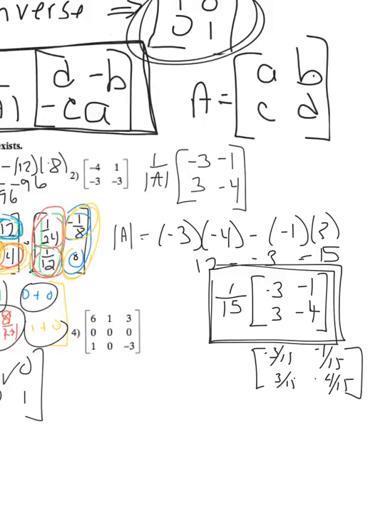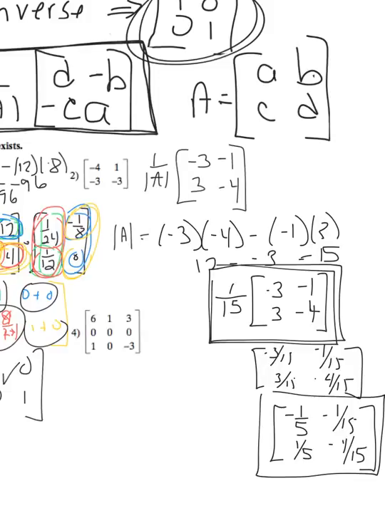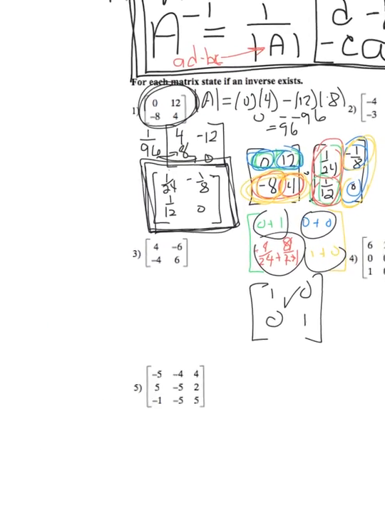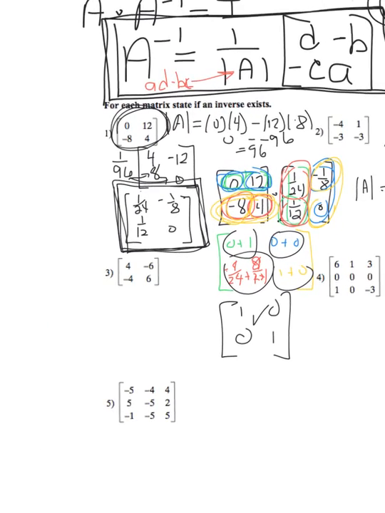And then by reducing the fractions, we have -1/5, -1/15, +1/5, and -4/15. So you can answer it like this also, but you can leave the 1/15 factored out if you want to. Okay, so hopefully that starts to make it feel just a little bit easier.